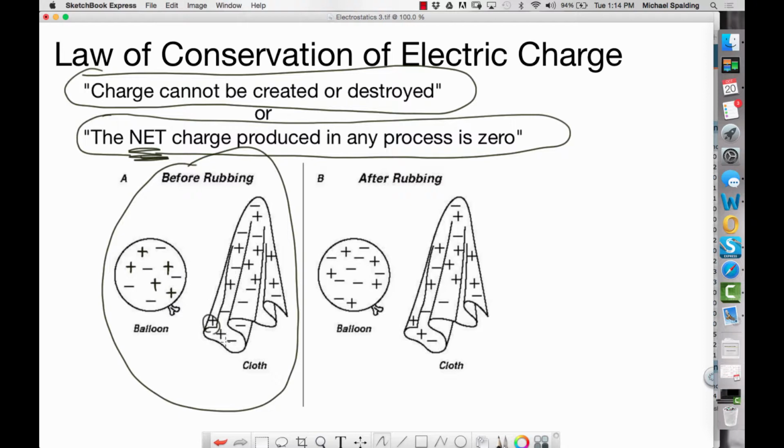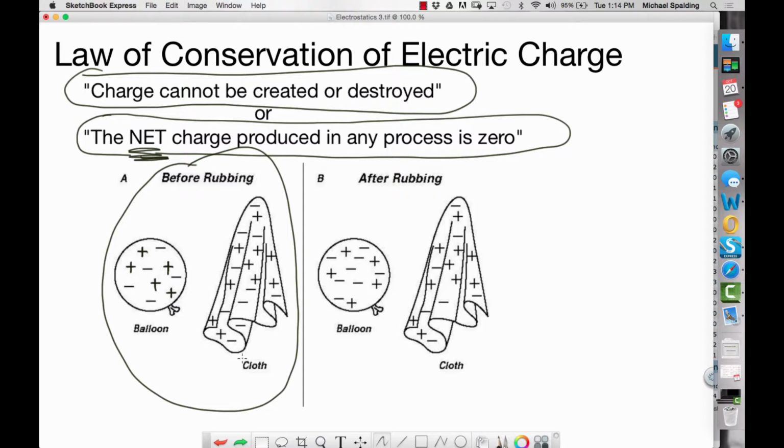How many pluses are they showing us? 1, 2, 3, 4, looks like 8, 9, 10. I forgot there's another one. Okay, there's 10. But if you count them up, total positive equals total negative. What's the total charge on this cloth? 0.